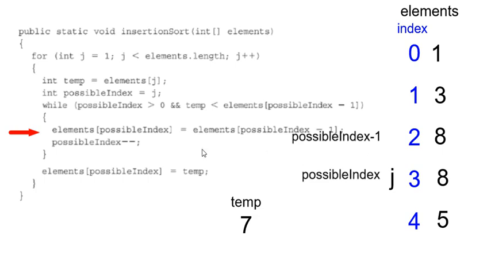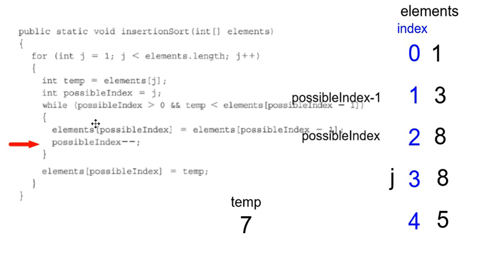And then it says possible index minus minus, so I do that. And now I check possible index is greater than 0, and I check to see if the temp is less than what's at index minus 1, and it is not less. So I break out of the while loop, and now at possible index, which is right here where 8 is, I'm going to copy over temp.